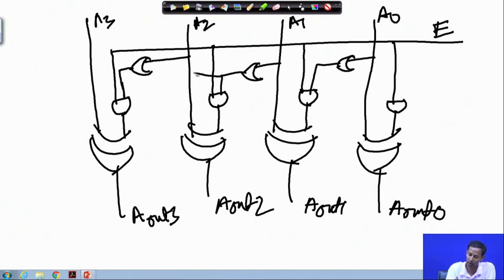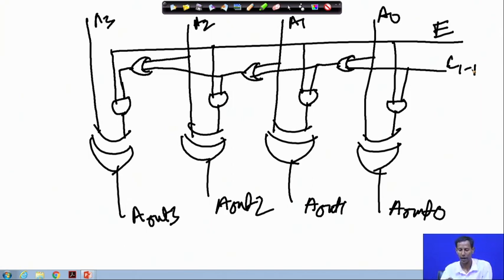Then the other input is this one, and for this one it is C I minus 1. Okay. So, now I have calculated the carry out from the previous carry out, and then I will AND it with E, and I will get this in this fashion.